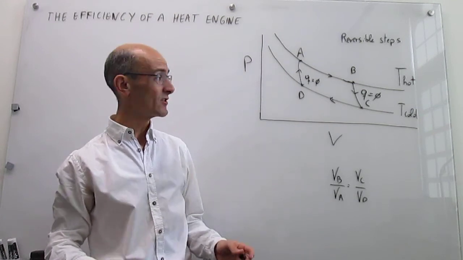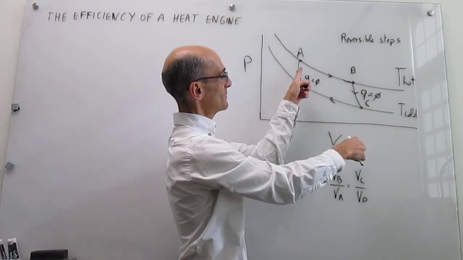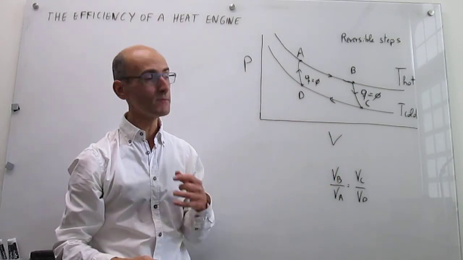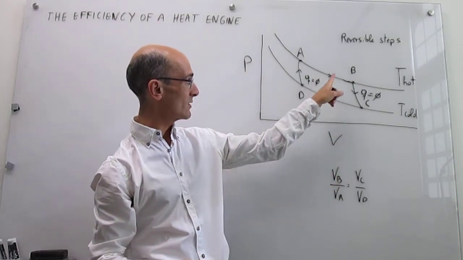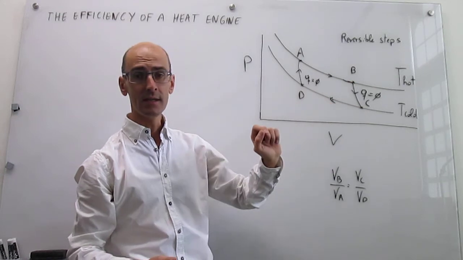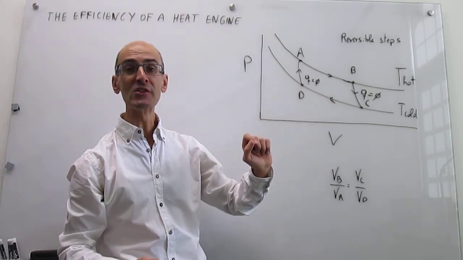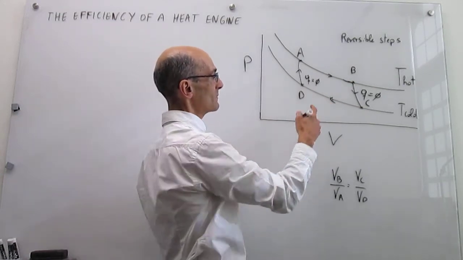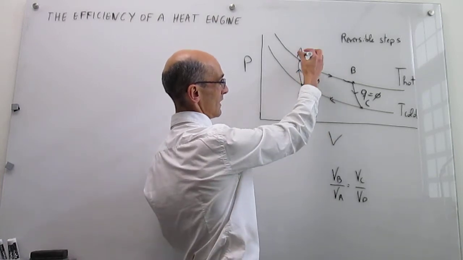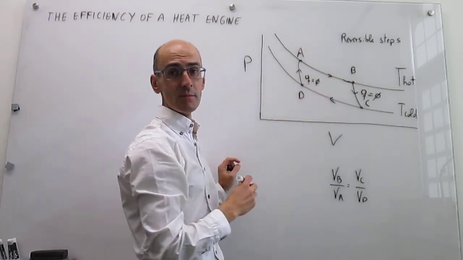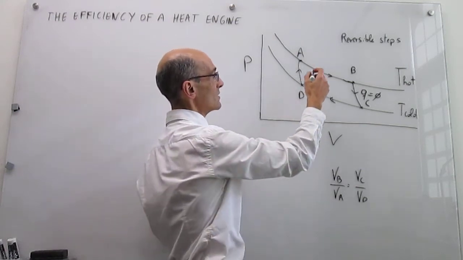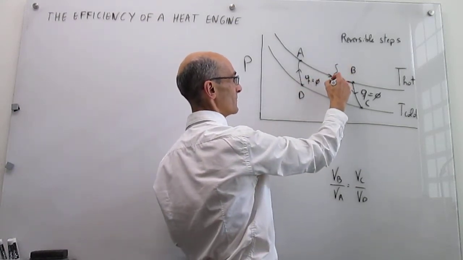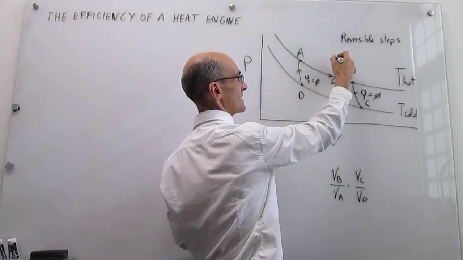Now notice that energy transfer as heat in the adiabatic steps is zero by definition. And then we actually have energy transfer as heat in the 2 reversible isothermal steps. In this particular case, the system is expanding, and that means that you're doing work. So energy must enter the system as heat.